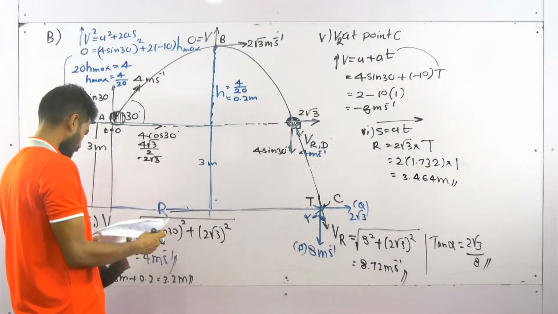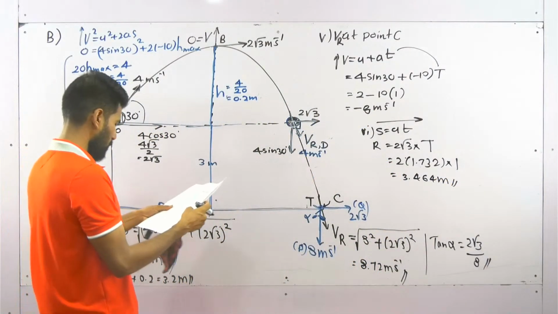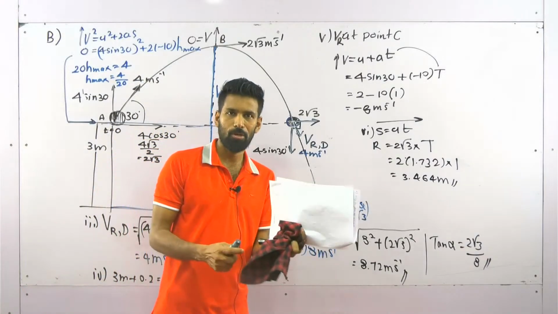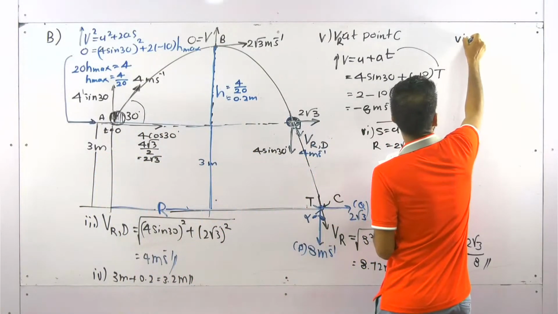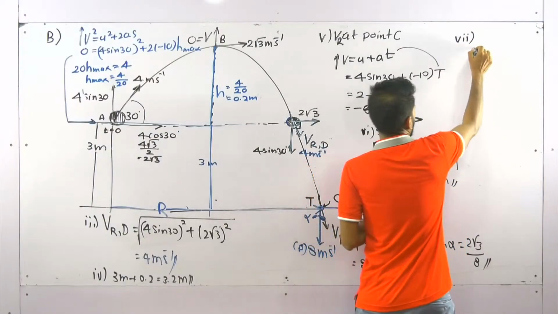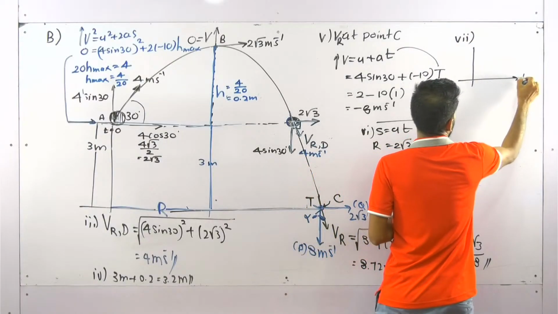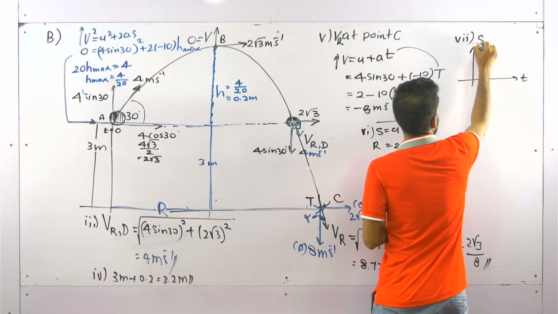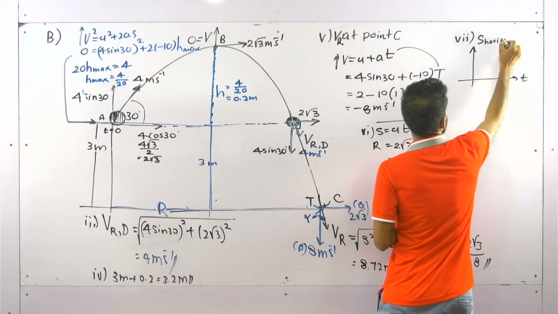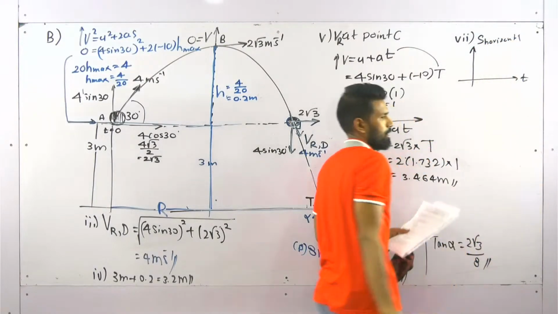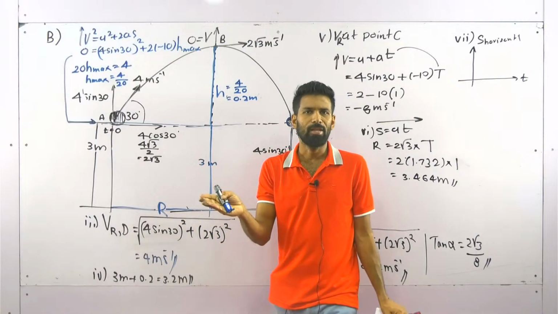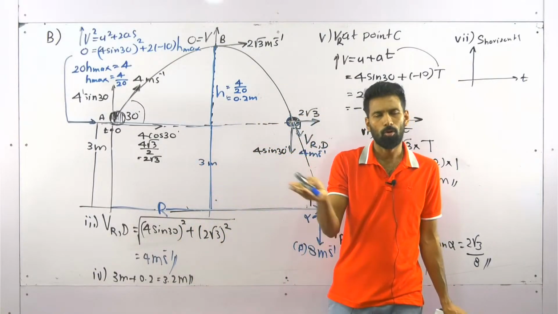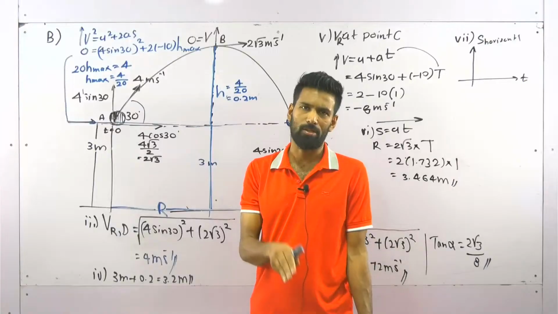Then question number 7, plot the vertical displacement and the horizontal displacement. What is the horizontal displacement? Actually, in a projectile, horizontal velocity does not change.